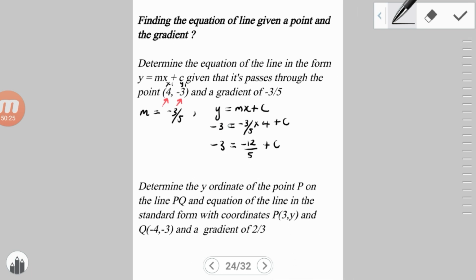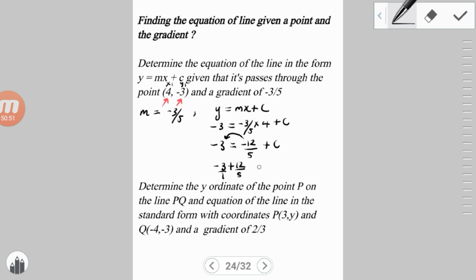Now they didn't really specify what format they want it in, so I guess we can leave it in the form y equal mx plus c. You have an option here. You can use the LCM method by transposing the negative 12/5 here. Find the LCM. I don't have a lot of space, so I'm just going to use that method. I'm just going to transpose over here. So that's minus 3 plus 12 over 5.